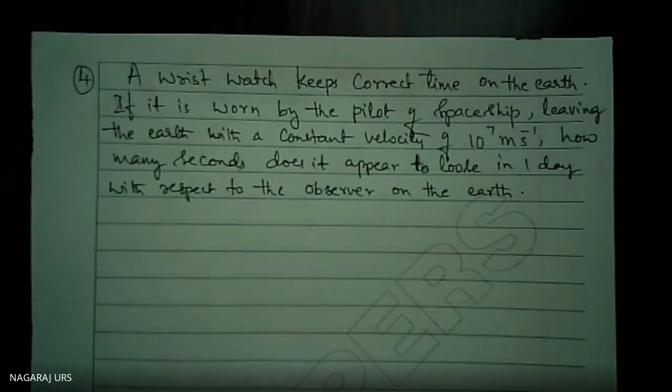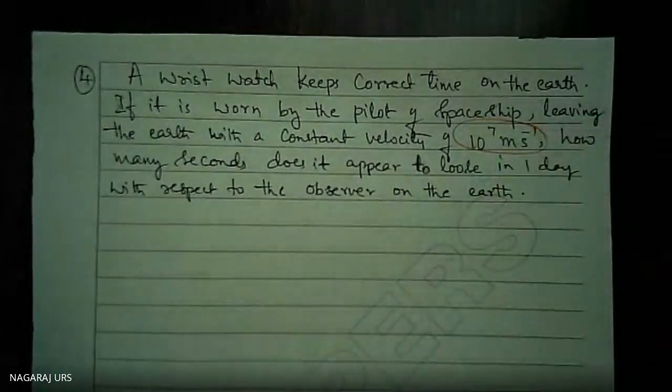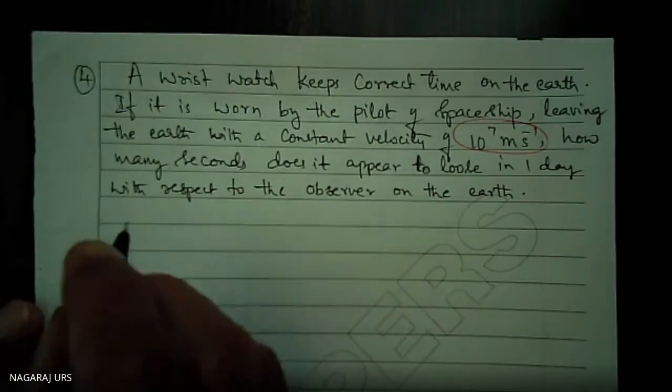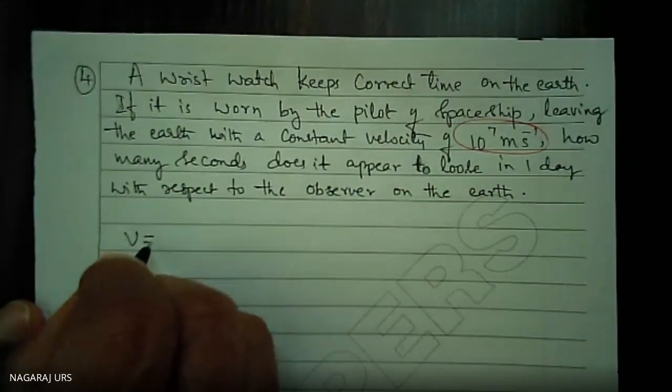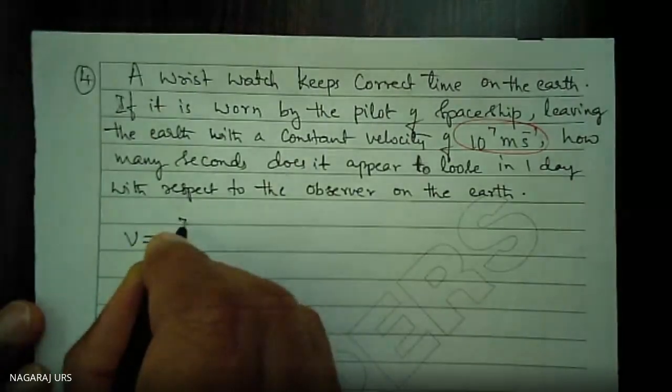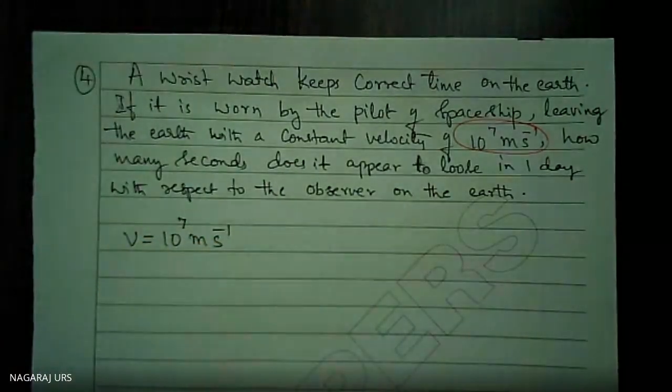A wristwatch keeps the correct time on the earth. If it is owned by a pilot of the spaceship, leaving the earth with a constant velocity of 10 to the power 7 meter per second, how many seconds does it appear to lose?